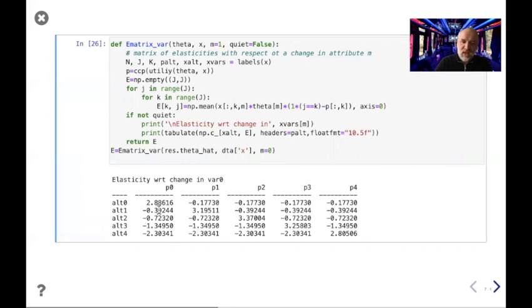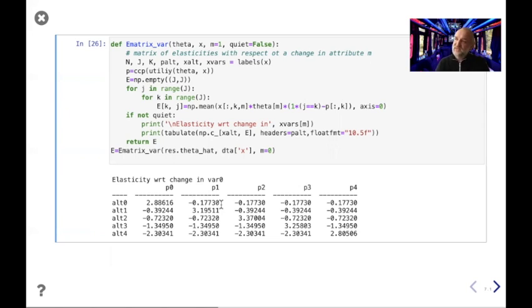It's opposite sign for the alternative where it contributes to the utility of that good, but then the substitution is coming proportionally from all the different alternatives because they have the same cross elasticity. All the off-diagonal elements here are the cross elasticities.